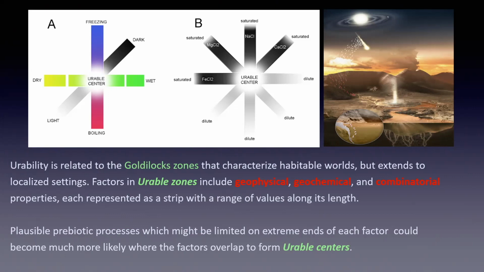For instance, iron chloride, FeCl2, is something that Francesca is doing research on in her master's thesis. And she has pointed out in her thesis that Mars is red because of ferric chloride. That's FeCl3. But at the beginning of Mars history, there was no oxygen, and the iron would have been in the Fe+2 or ferrous form.